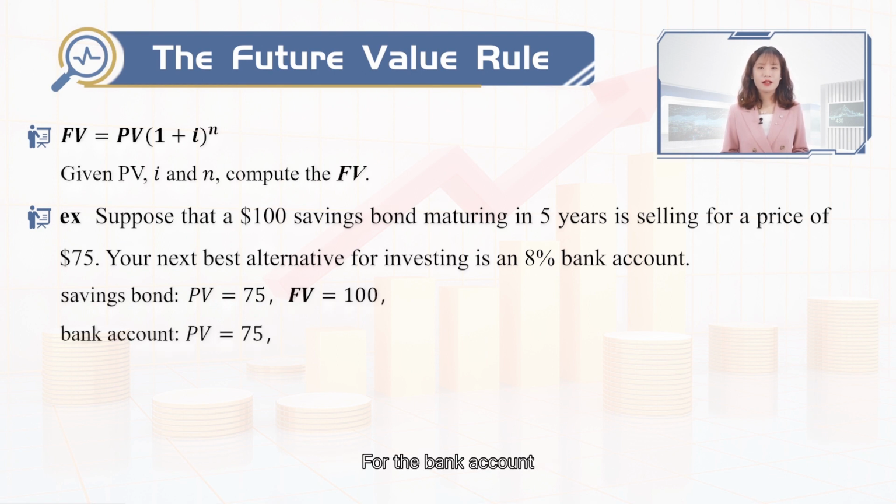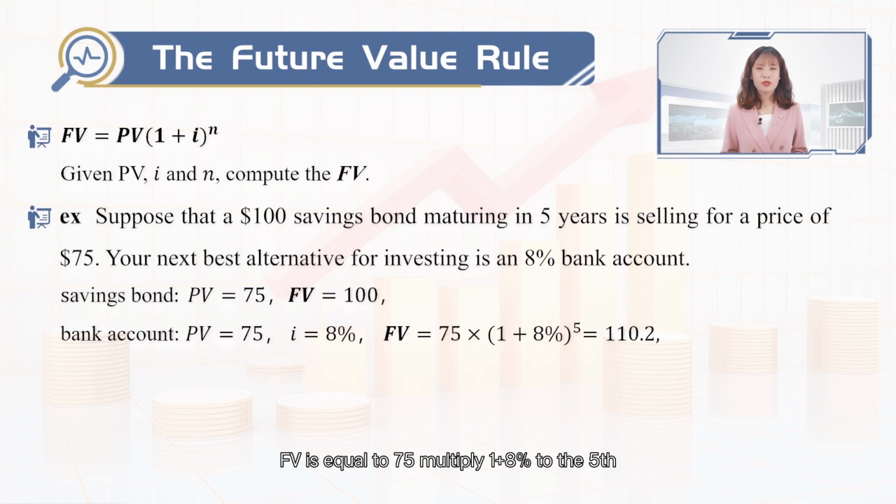For the bank account, the PV is also $75, I is 8% and N is 5. By the formula, FV is equal to 75 multiplied by (1 plus 8%) to the fifth, which is $110.2.